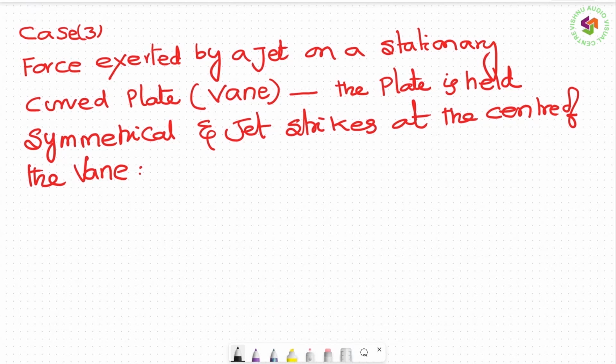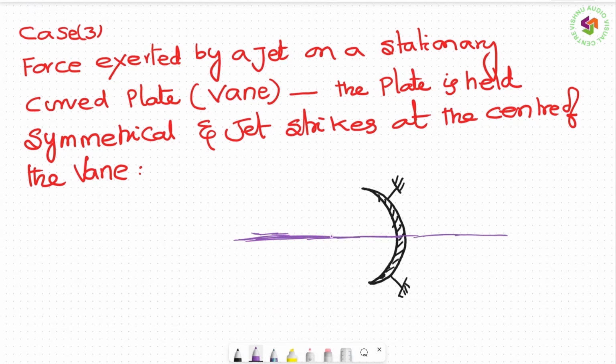So now let me start the case by drawing. So this is a curved plate or vane. It is fixed. Now the jet is striking it at the center, as I told. So better draw the central line first.